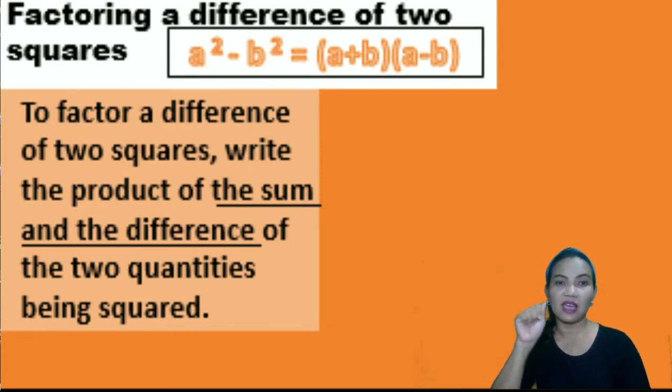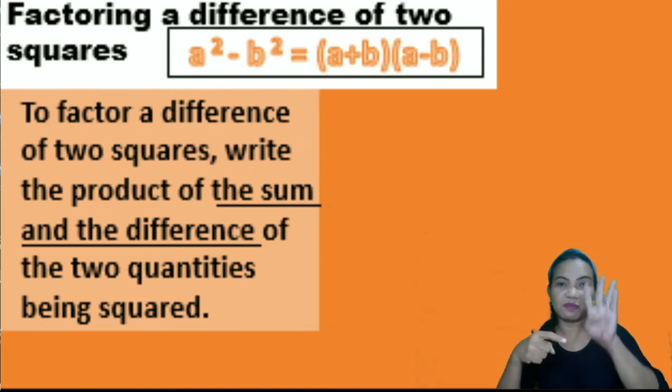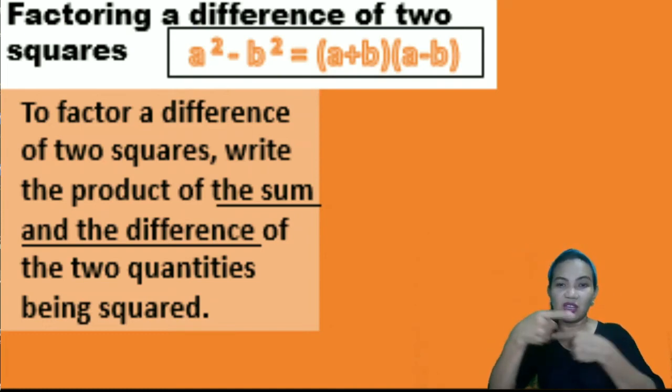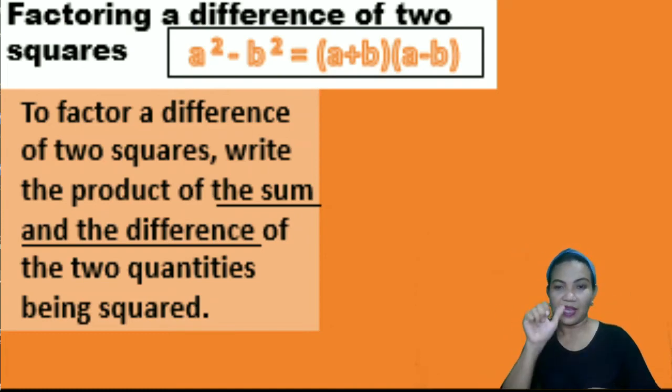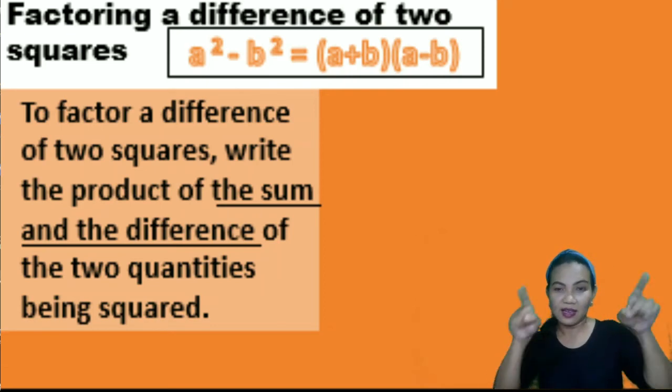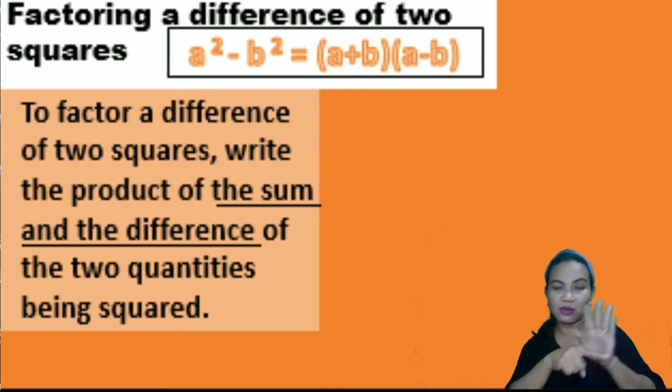So it is a squared minus b squared is equal to a plus b, a minus b.